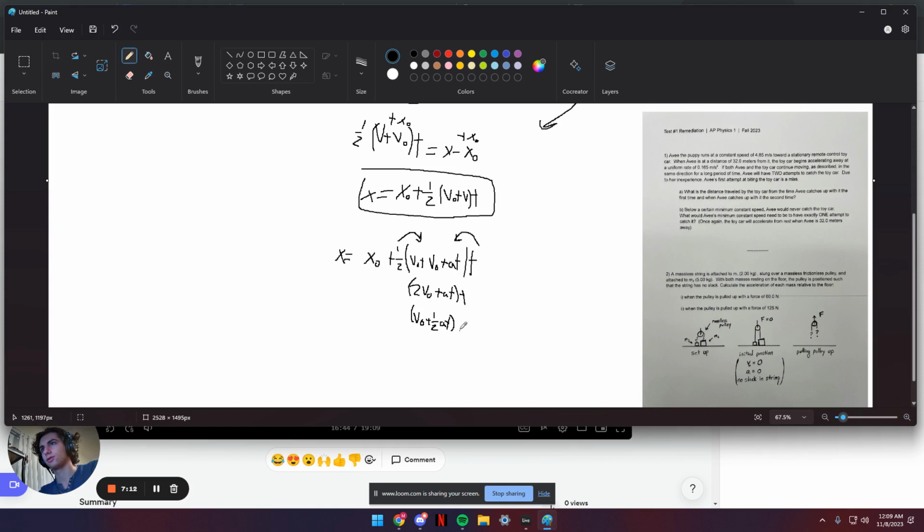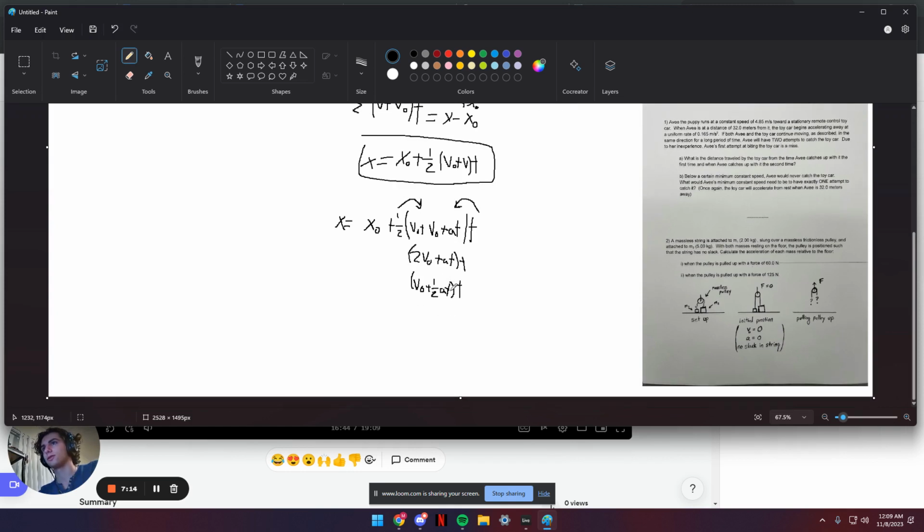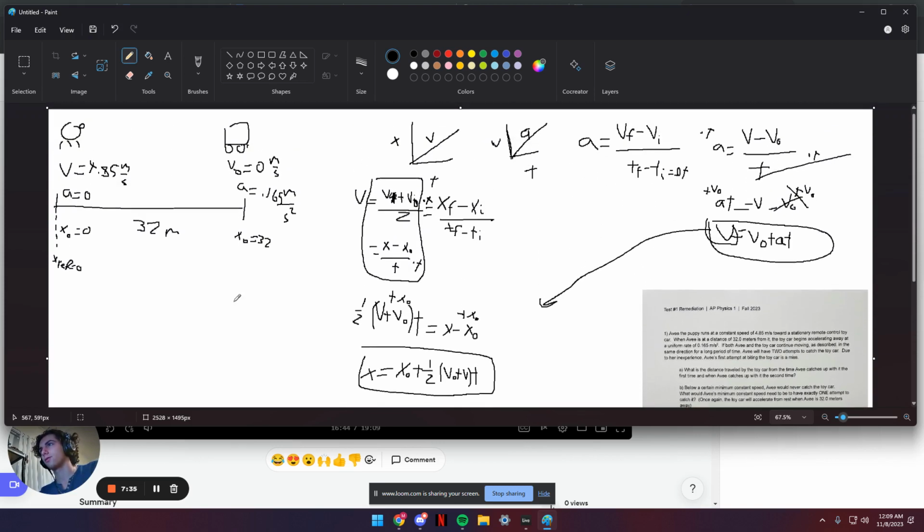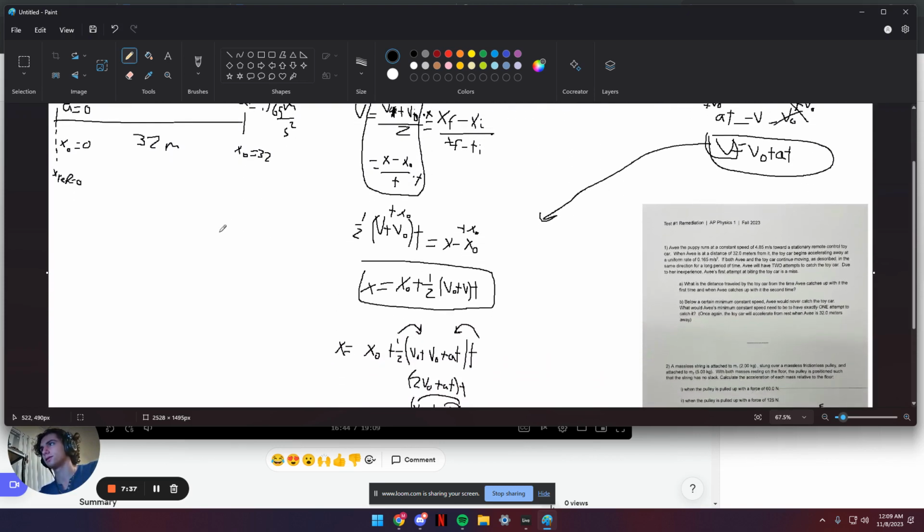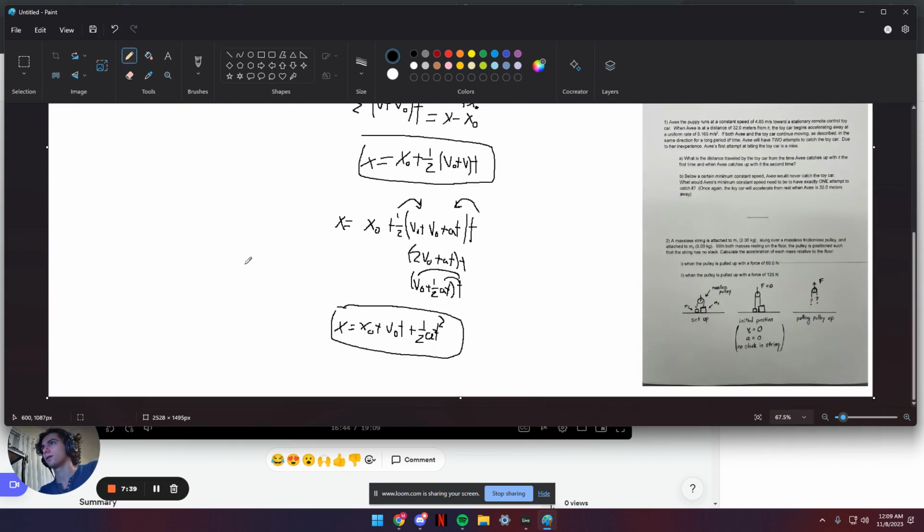And this is still being multiplied by T. And then let's distribute the T. So now I'll write the whole equation: X equals X naught plus V naught T plus 1/2 AT squared, because we distribute the T to both these terms. And this is our third kinematic equation, and this is what we can use to solve this problem.